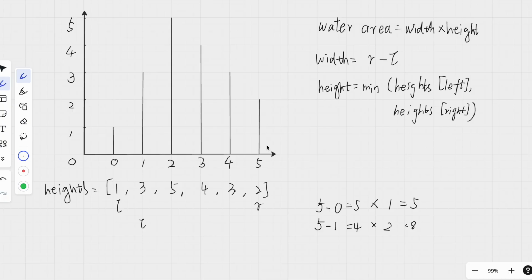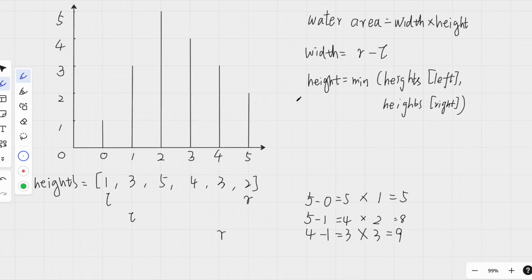Now the right line is shorter, so it limits the water container area. Then we need to move the right pointer inward. Now the width becomes 4 minus 1, which is 3, and the height becomes 3. So the area is 9.